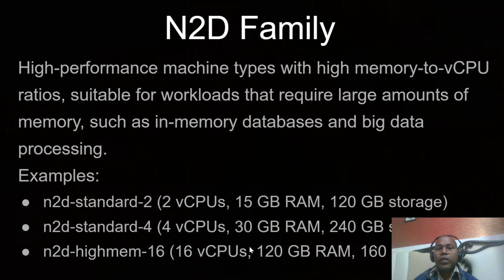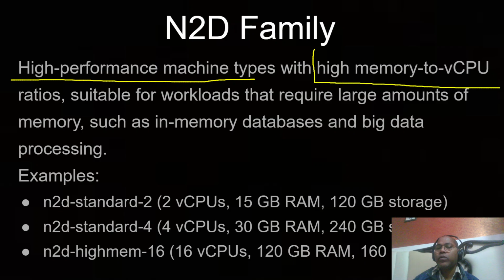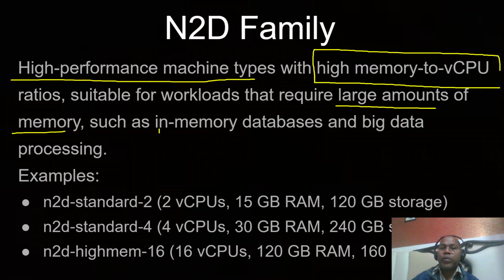Similarly, the N2D family is where you talk about a high performance machine type with a high memory to CPU ratio. Sometimes your memory to CPU ratio has to be a particular ratio we want, right? So the N2D family is suitable for workloads requiring a large amount of memory, say an in-memory database or big data processing.